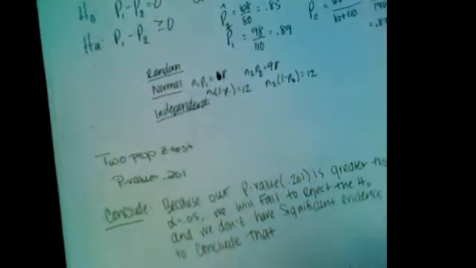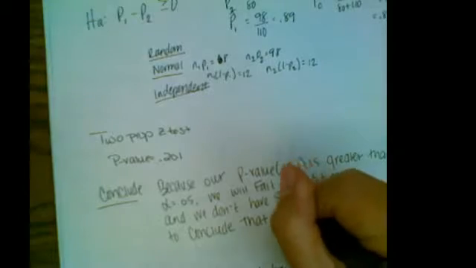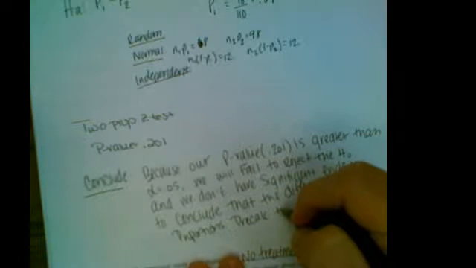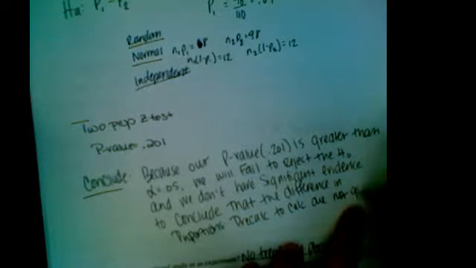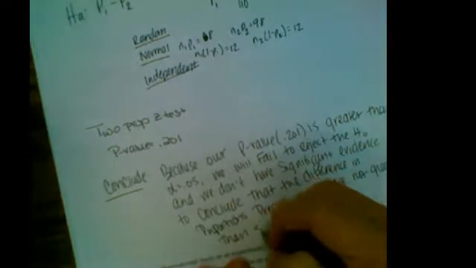So when I do my subtraction, I would be saying that I do not conclude that the difference in proportions, and that would be pre-calc to calc, are not greater than 0.